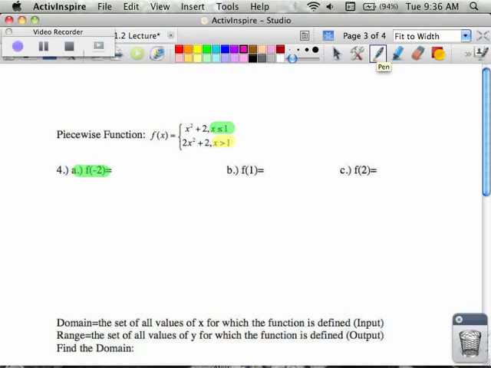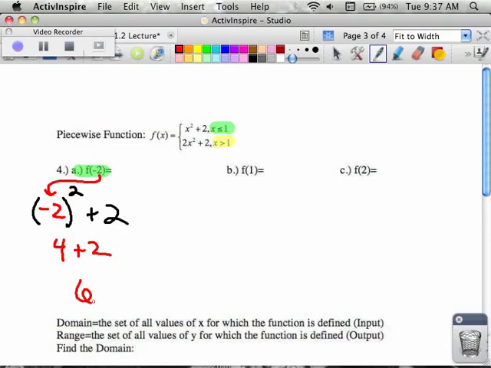I just look inside of here and I plug it into the equation part that goes with that condition. So that's the x squared plus 2 stuff. So I have something squared plus 2. This is the actual function. The green highlight was the condition. What number goes in? Negative 2. So I shove in a negative 2 because it told me that's what I was supposed to do. And then I simplify it. Negative 2 squared is 4 plus 2 more, and my answer is 6.